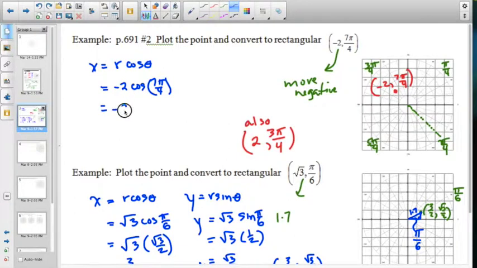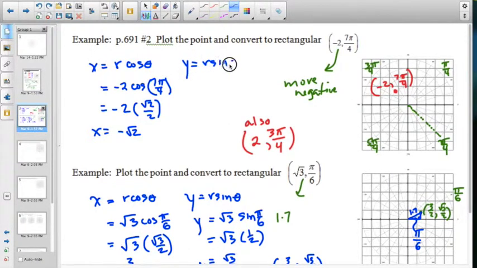So we have -2 times the square root of 2 over 2. And that gets us a -√2 for our x-coordinate. So if you notice, it gives us our x-coordinate over here in the negative x values. So the signage all works out if you just carry it through.